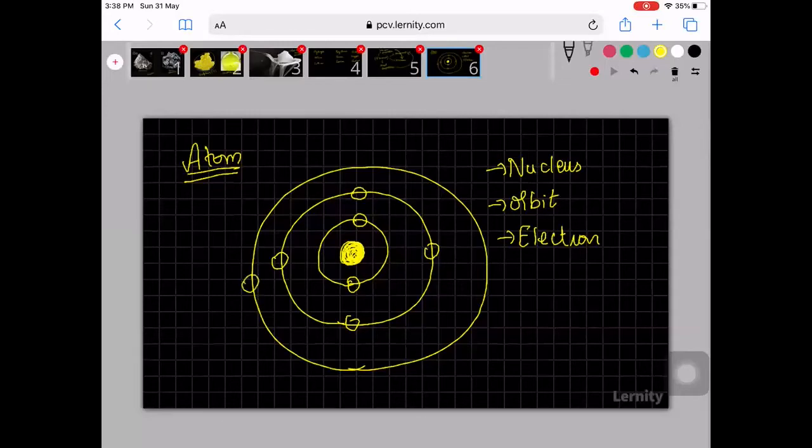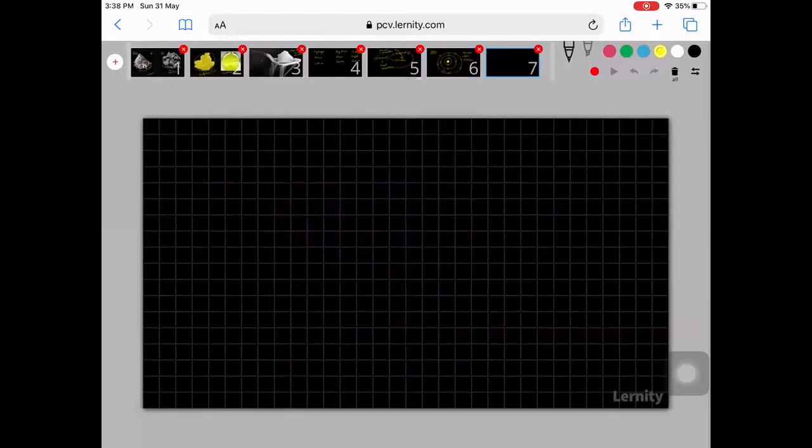Next thing, all atoms have a nucleus and electrons. How then does one atom differ from another? Hydrogen is an element, I already told you. This hydrogen element is made up of only hydrogen atoms.